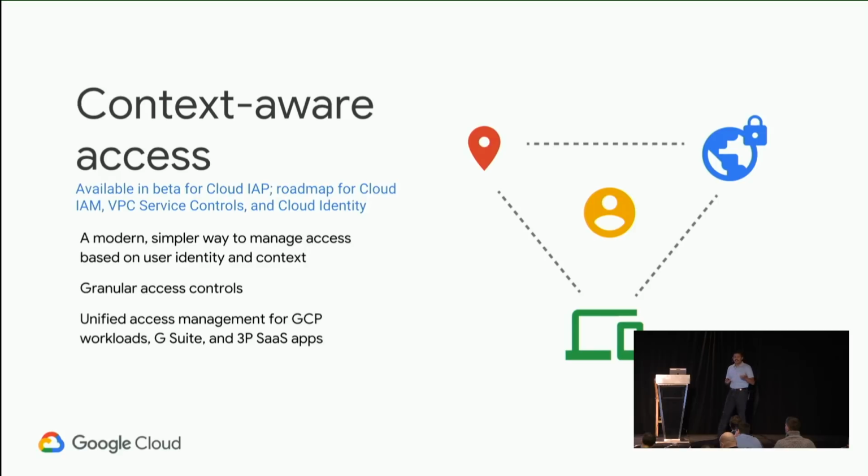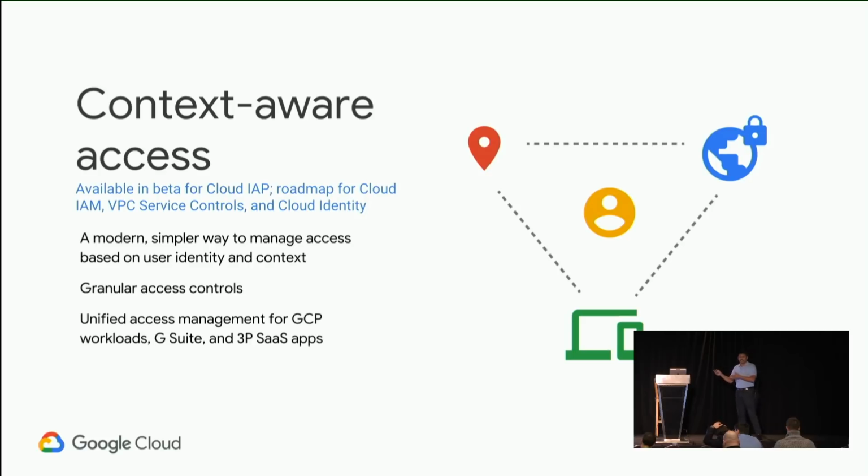For example, if you have a sensitive application like a corporate finance application, you can create a rule saying that I want this application to be accessible only to my finance group. And these finance group members can access this application from a set of IP addresses, probably your corporate IP addresses. Or you can say these finance users need to use a certain type of operating system or a certain security posture that a device currently has.